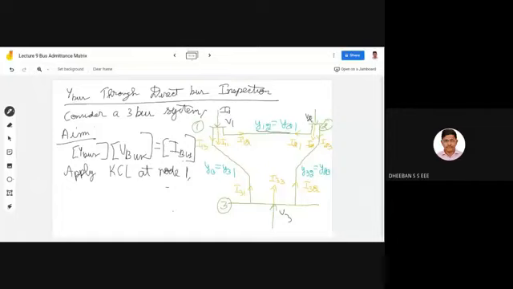So here the current is entering, and from this node the current is leaving. So your I1 is equal to I11 plus I12 plus I13, right?